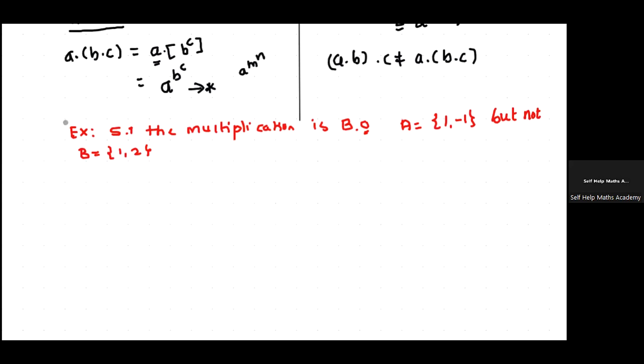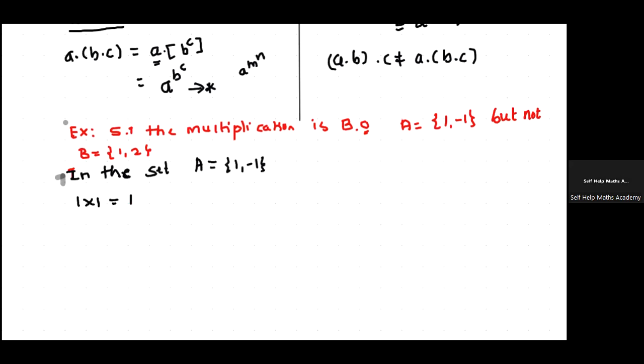Let me consider the first set A, which is equal to {1, minus 1}. If I take any element of this set, for example, I'm taking 1 and multiplying with 1, I'm getting 1.